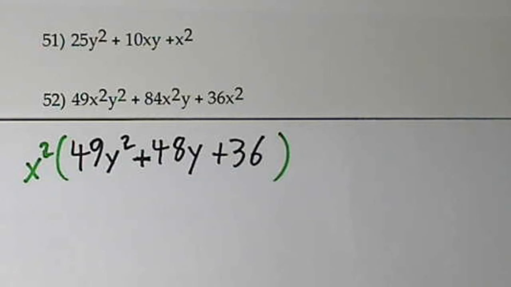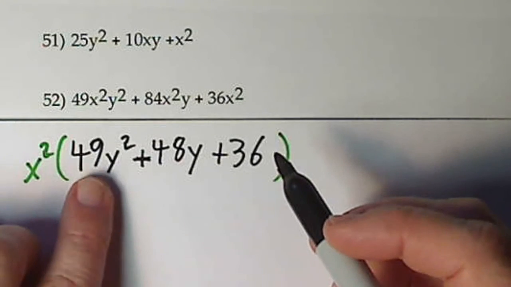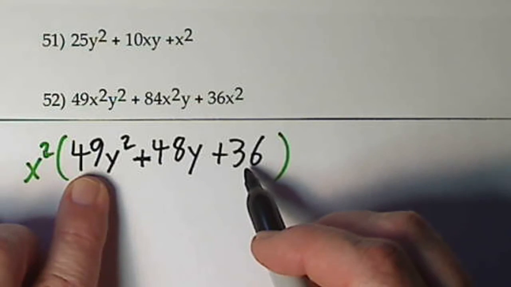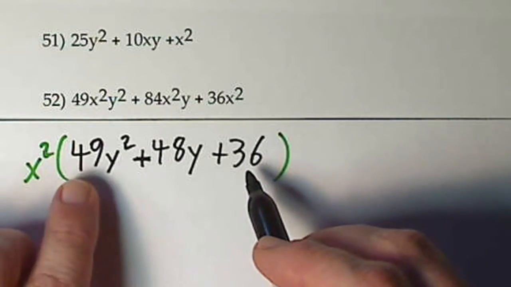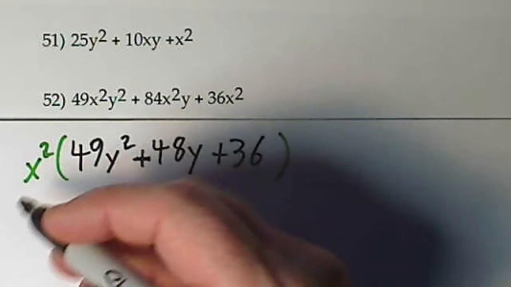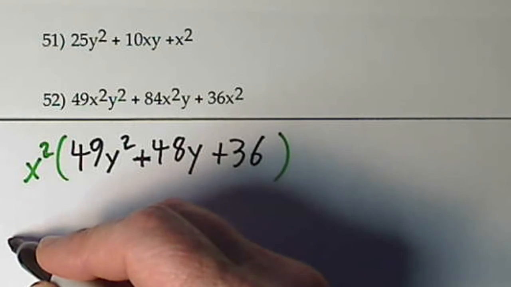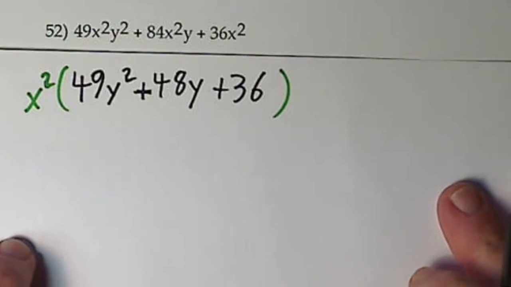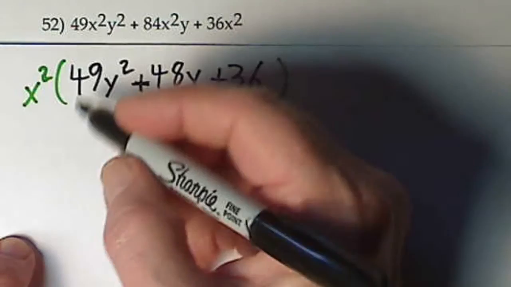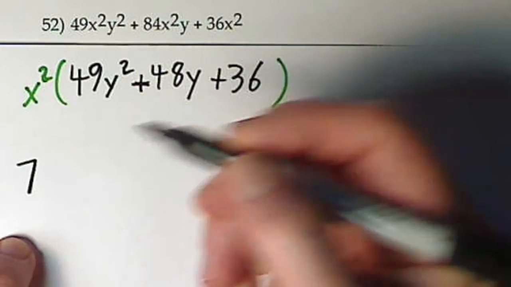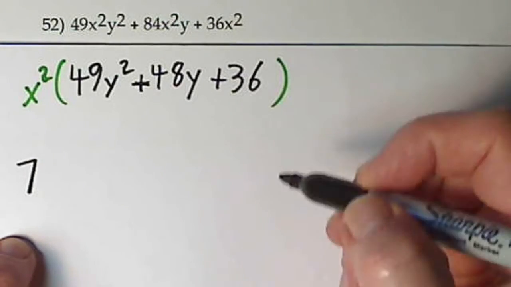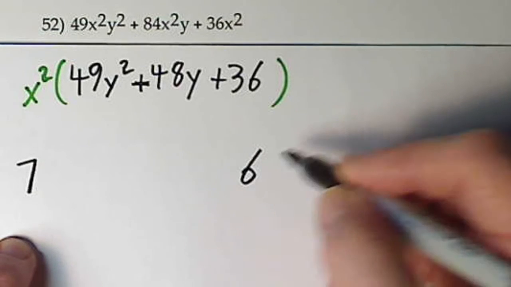So at this point you would be hoping to say, well, look, 49 is a perfect square, 36 is a perfect square, this is worth looking into. So the square root of 49 is 7. Square root of 36 is 6.